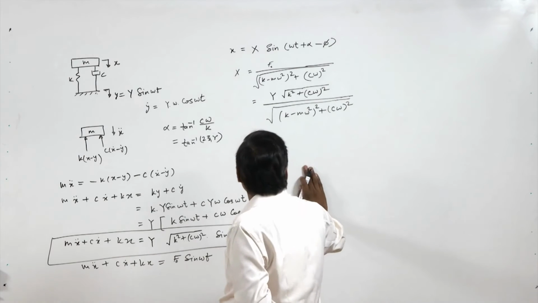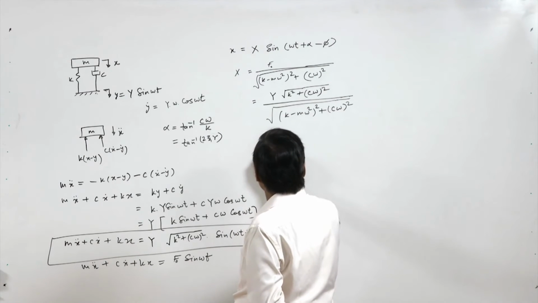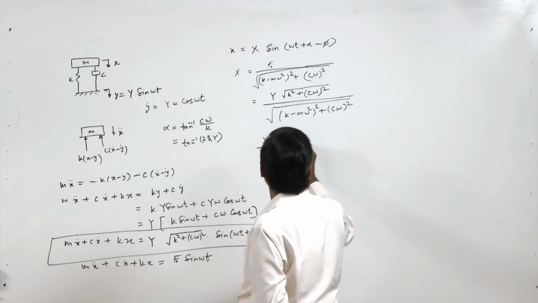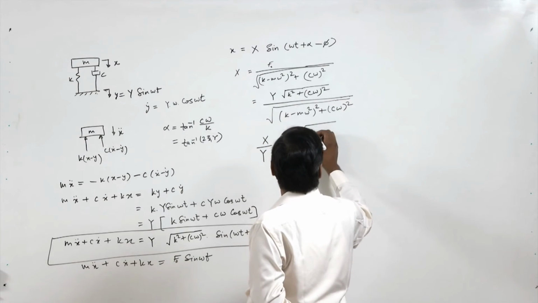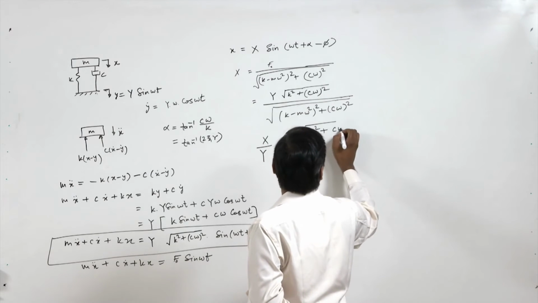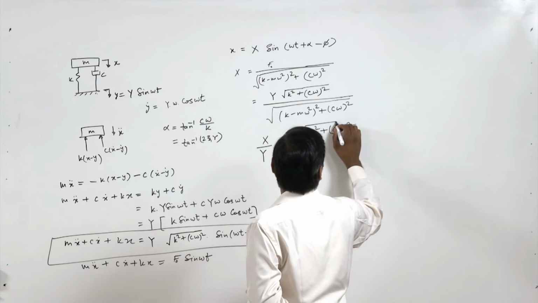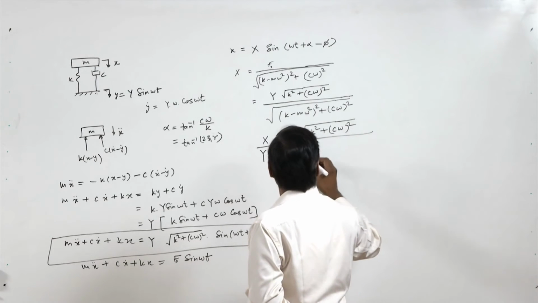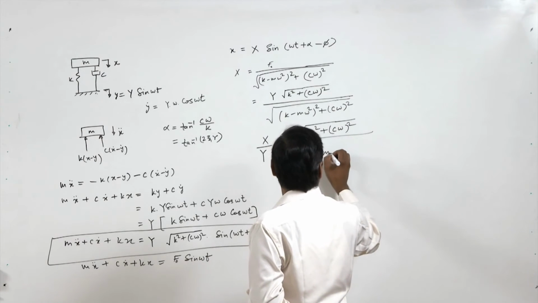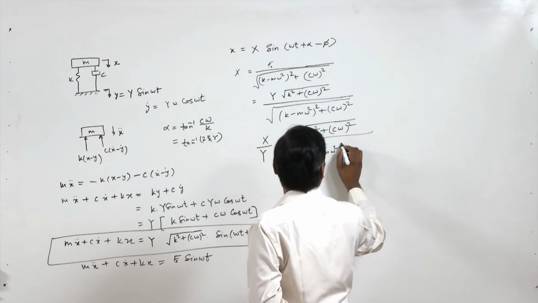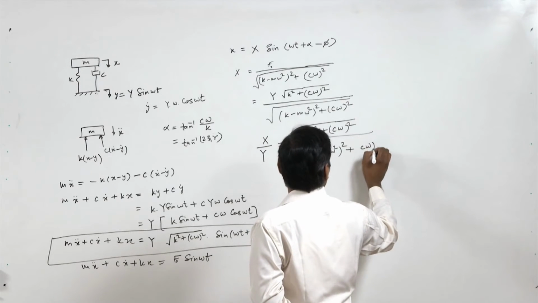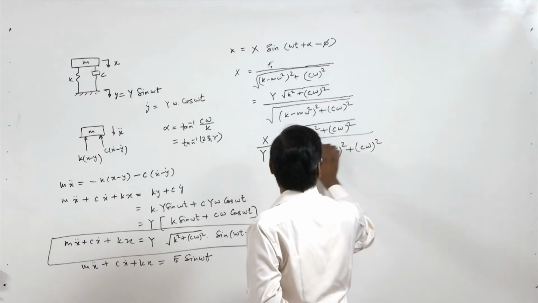So from here we can find X by Y equal to root of (k square plus (c omega) whole square) upon root of ((k minus m omega square) whole square plus (c omega) whole square).